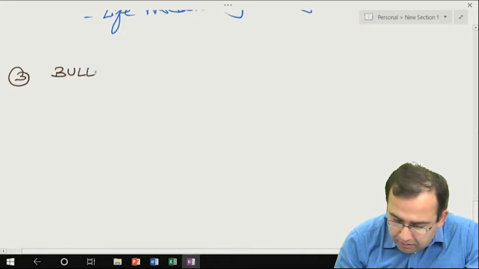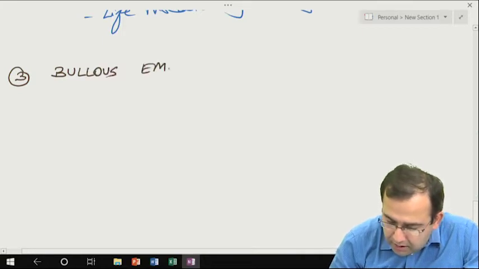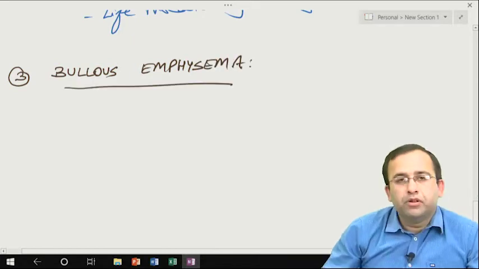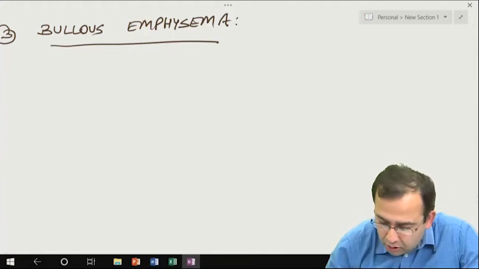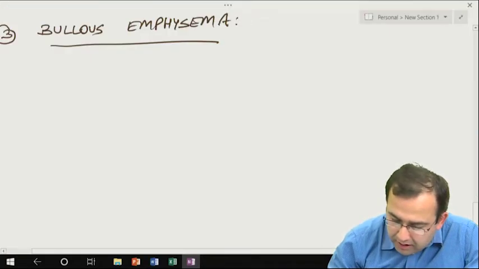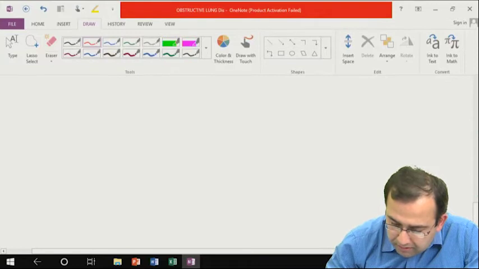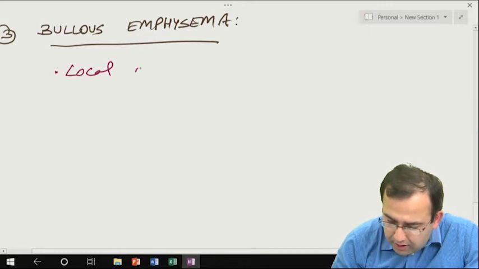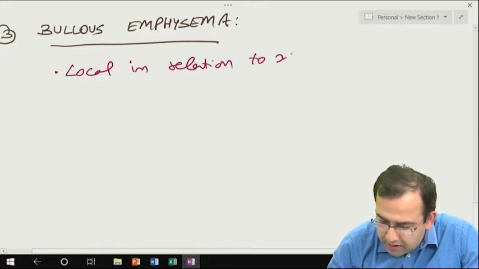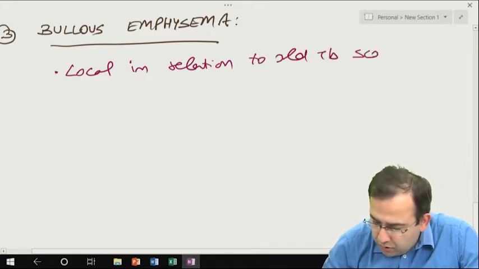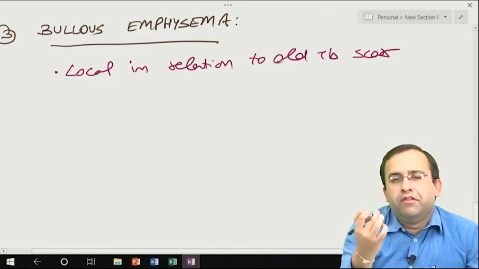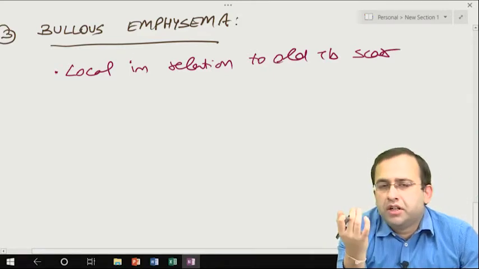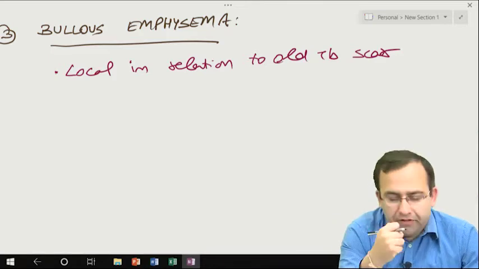This is localized emphysema in relation to old TB scar. There was an old TB scar which was associated with localized emphysema, that is bullous emphysema.